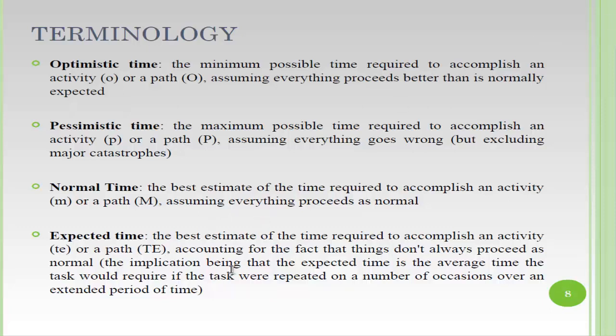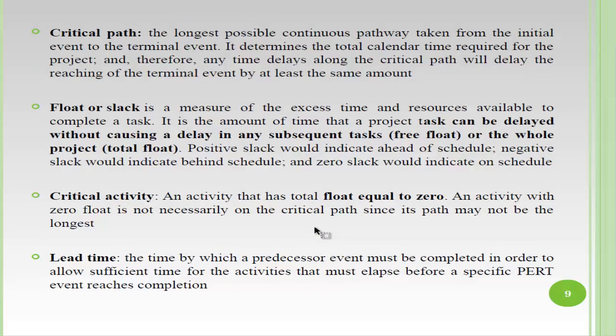And this is based on the fact that things do not always proceed normally. The implication is that the expected time is the average time the task would require if the task were repeated on a number of occasions over an extended period of time. So the best possible time we can have is the expected time.